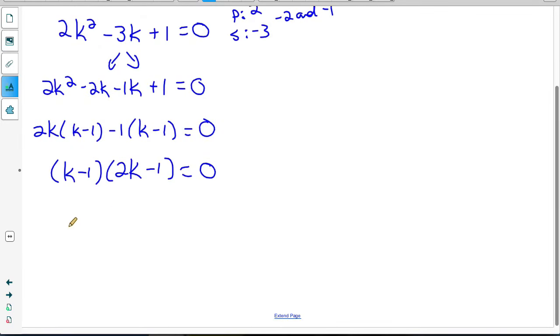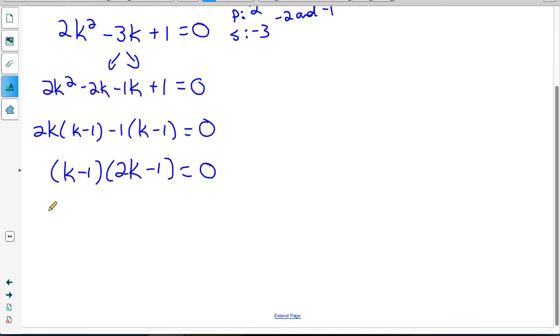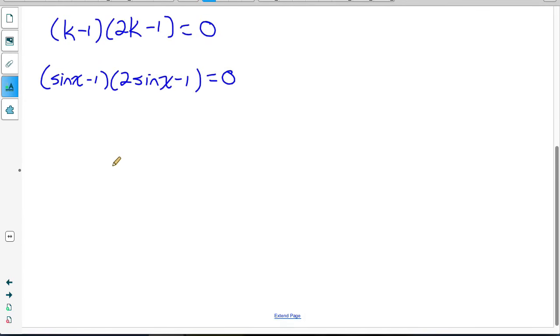Once you're done the factoring process, re-sub back in the sine x for each of the k's, because each of the k's actually equals sine x. So sine of x minus 1 and 2 sine of x minus 1. So this is the product that has to equal 0. Use the zero product rule, which tells us we can then set each of those factors independently equal to 0.